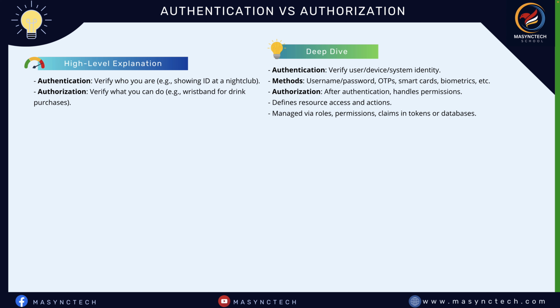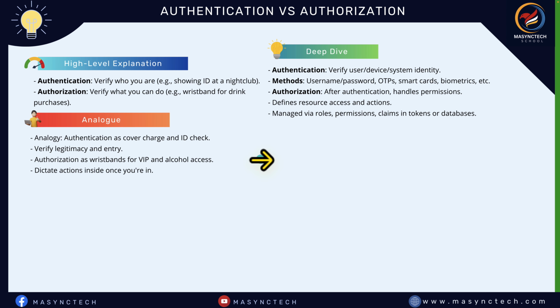Authorization, on the other hand, comes into play after authentication and deals with permissions and privileges. It determines what resources the authenticated entity has access to and what they can do with those resources. This is often managed through roles, permissions, or claims stored in tokens or databases.